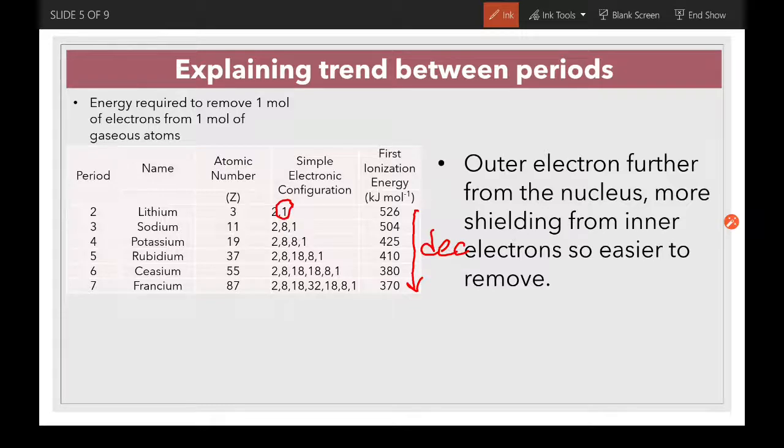It's this electron here we're removing in lithium, so only in the second energy level, then the third, fourth, and so on. So the further it is away, the easier it is to remove. So even though the nuclear charge is greater, all these inner electrons are going to be shielding this outer electron. So I should have included those there. Okay, so they're all going to be shielding the outer electron, so it's easier to remove the outer one.